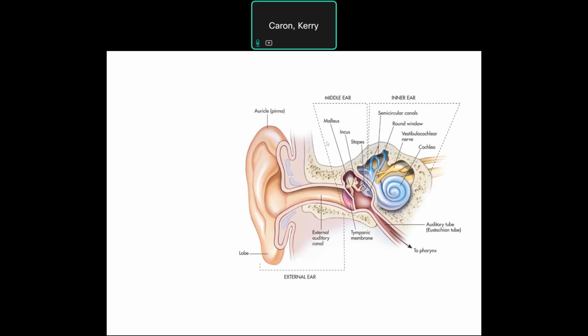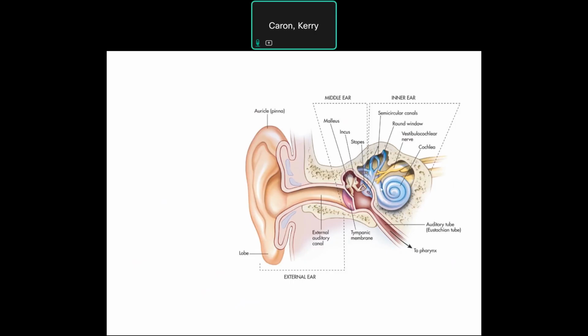Then the middle ear really starts with that tympanic membrane, also called the eardrum, and these little bones called the malleus, incus, and stapes. And then the inner ear, also known as a labyrinth, has the cochlea, which looks like a wound up shell, the vestibular nerve, the sound window, and some semicircular canals.